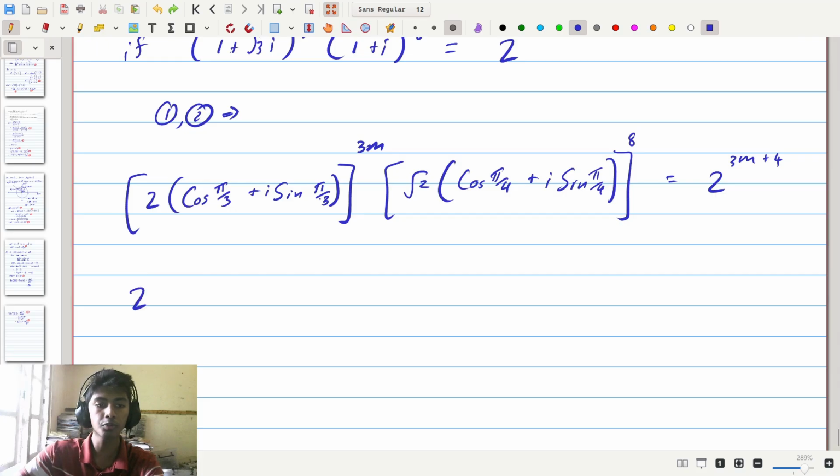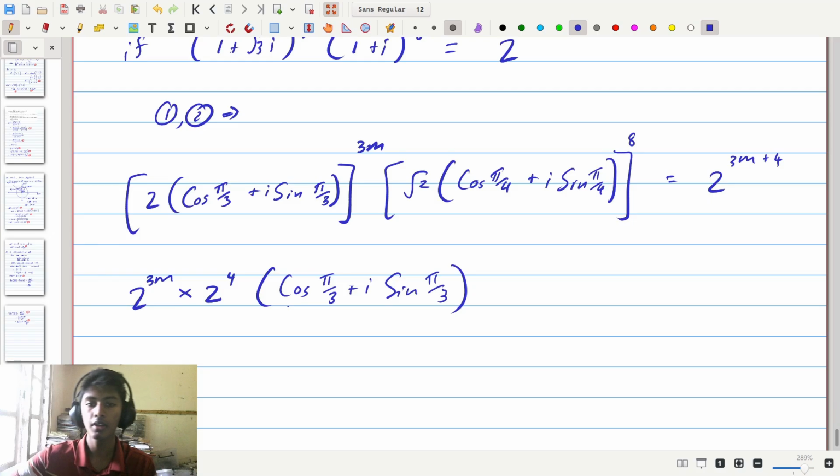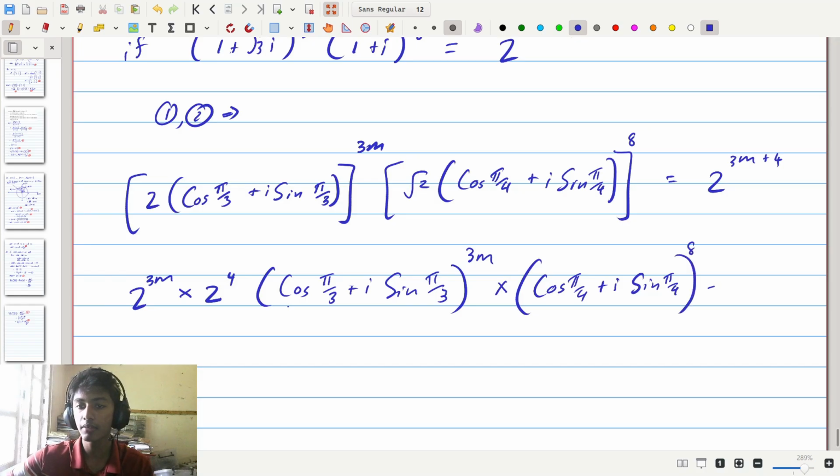Therefore, this is equal to 2 to the power of 3m times 2 to the power of 4, and the rest of it is going to turn into this bit, which is the cosine of pi by 3 plus i times the sine of pi by 3, to the power of 3m, times the second bit, which is the cosine of pi by 4 plus i times the sine of pi by 4, raised to the power of 8, which is equal to 2 to the power of 3m plus 4.